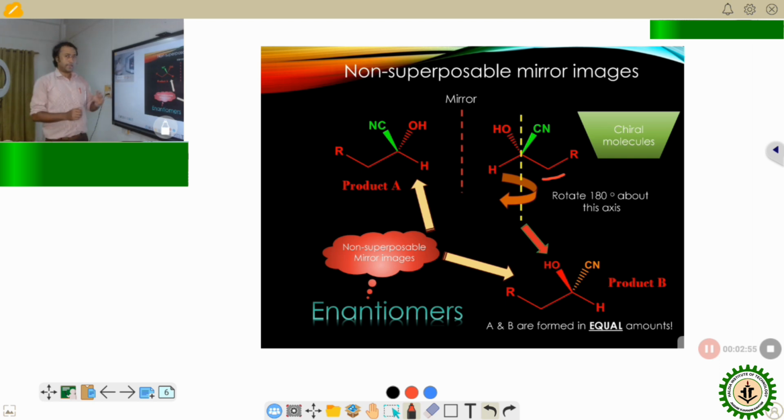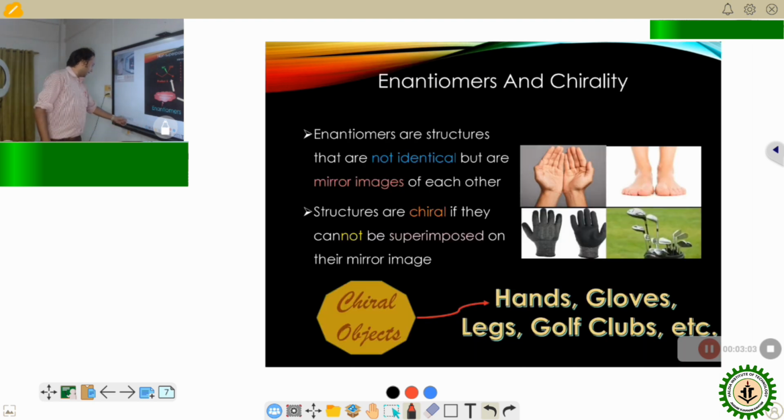So this is a slide where I introduced the terms chiral and enantiomer. These are very important in stereochemistry. Let us now go to the next one. What are enantiomers and chirality if we define them? Enantiomers are structures that are not identical, but they are mirror images of each other, and chiral structures cannot be superimposed on their mirror image.